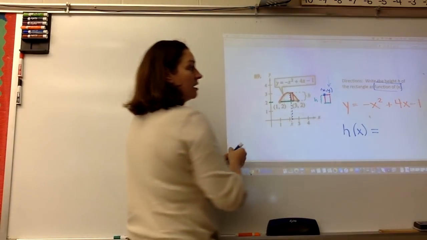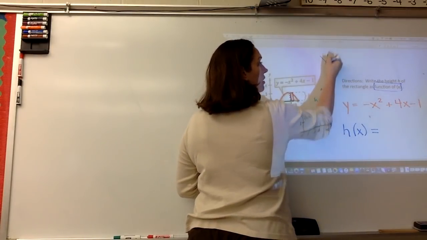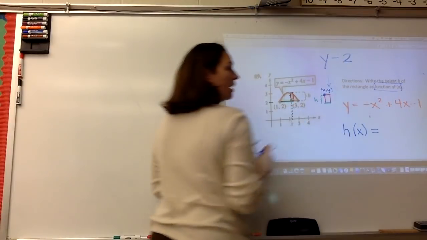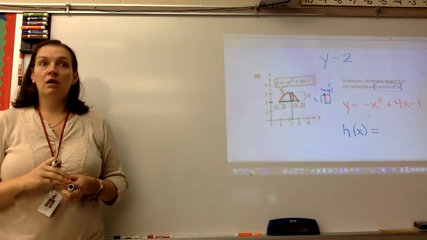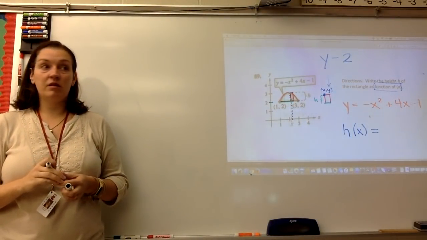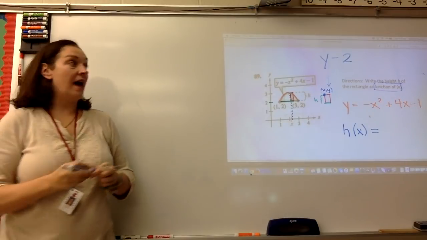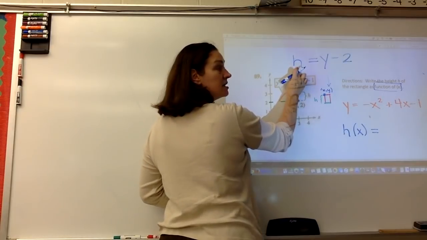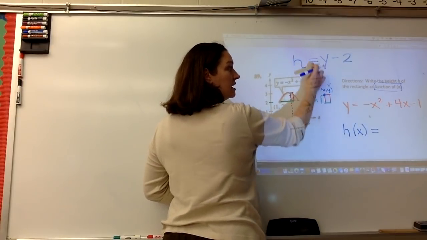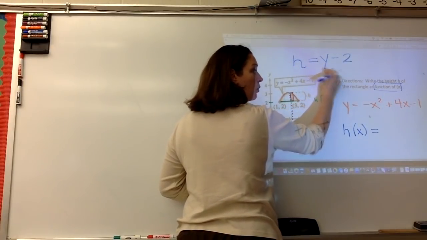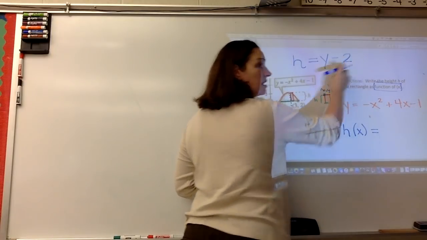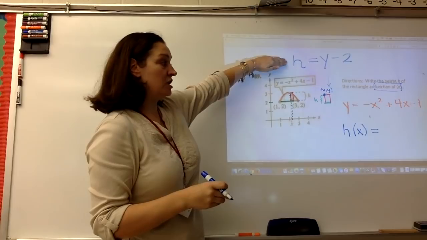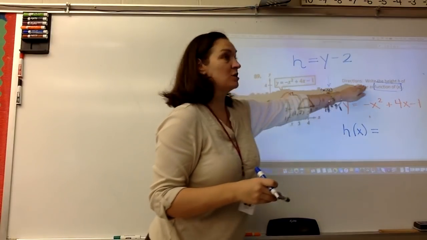If I take the y value, whatever it is, and I subtract out 2, doesn't that always give me the size of the red length? Does that make sense? Okay, so let's look up here. The height in red is the same thing as taking whatever the y value is and subtracting 2. This is ultimately the equation to talk about the red section that answers the question.